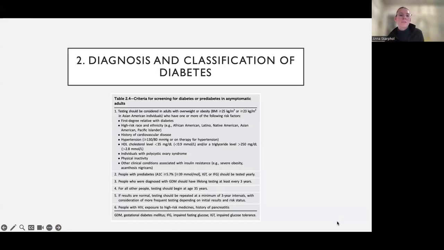If they have a first-degree relative with diabetes or a high-risk race or ethnicity, maybe they have a history of cardiovascular disease or prediabetes, or they're diagnosed with gestational diabetes, those people should all be screened for diabetes. And then for all other people, testing should begin at the age of 35 years. And so these are great recommendations that you can make to patients to get screened for diabetes.